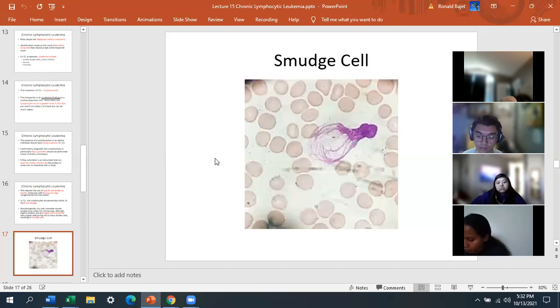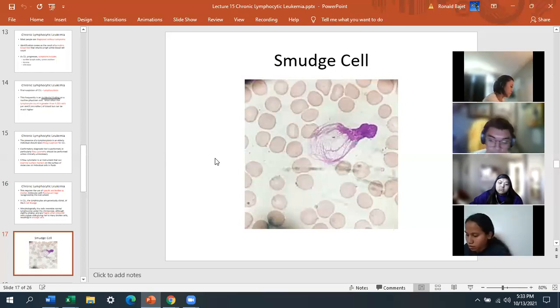Smudge cells are reportable and suggestive of CLL, but it's not a diagnosis. You can't really diagnose based on smudge cells. You have to do the flow cytometry and the cell surface markers. But in CLL, you may see smudge cells because of the fragile nature of the lymphocytes.